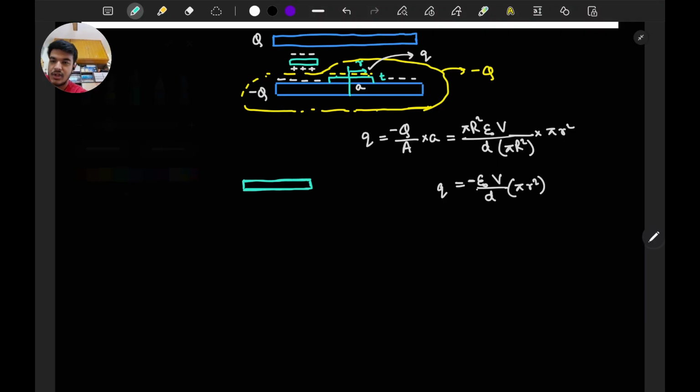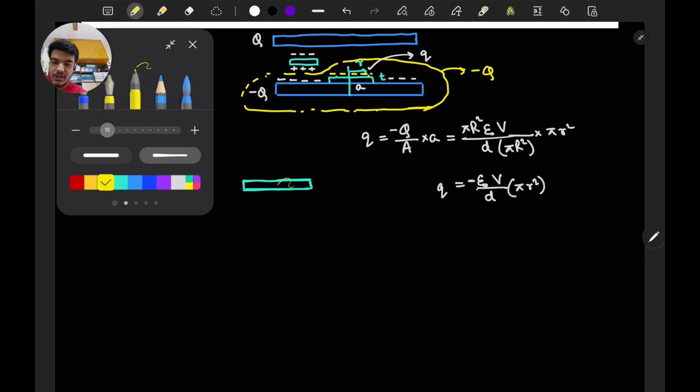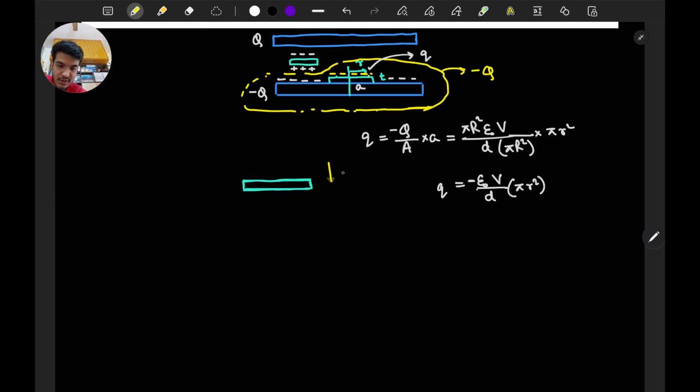We forget the disk. So what are the forces acting here? There is an electric field coming from the upper disk, which is equal to sigma by 2 epsilon naught, and since the charge is negative, this electric field is causing an electrostatic force upwards. There is a normal acting upwards, and there is the weight of this plate, mg, downwards.